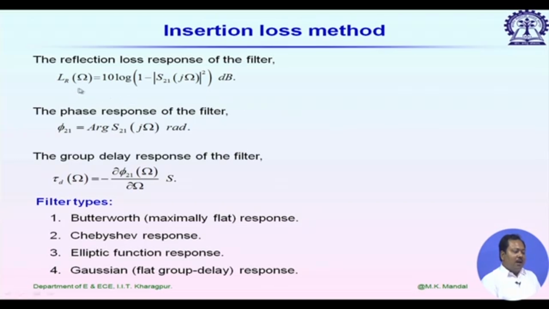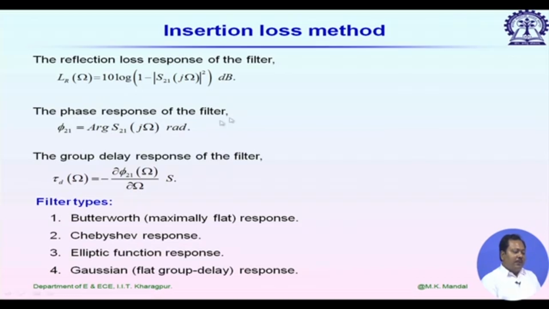The reflection loss LR is equal to 10 log of 1 minus S21 squared, because for a lossless network, S11 squared plus S21 squared equals 1.